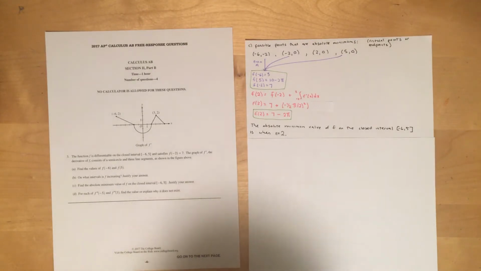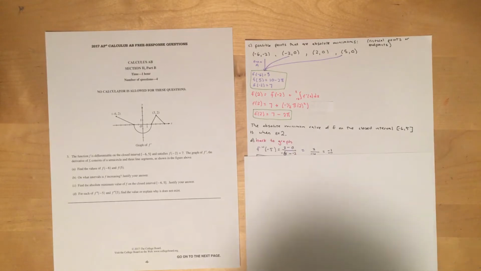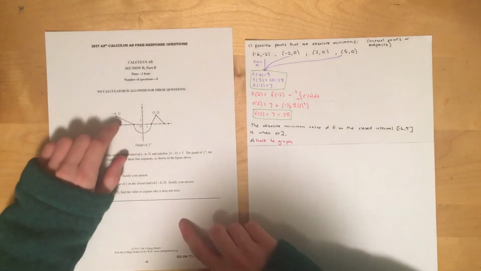So D asks for the second derivative of f at -5 and the second derivative of f at 3. Find the value or explain why it does not exist. We're going to start with -5.